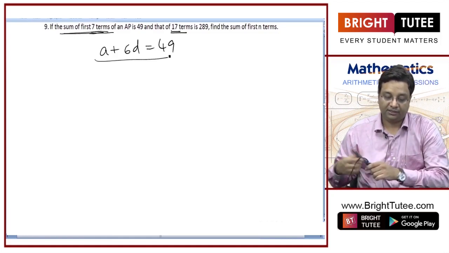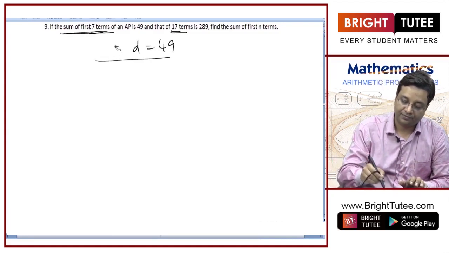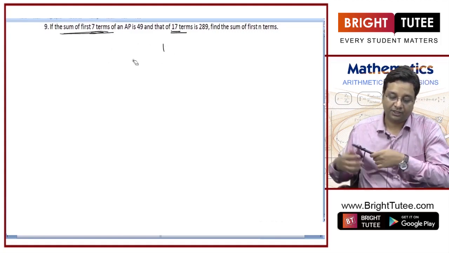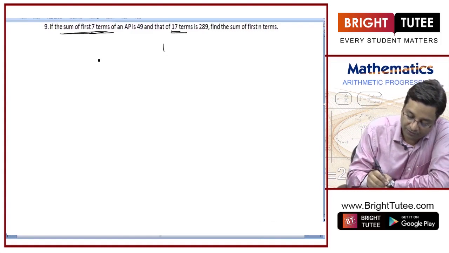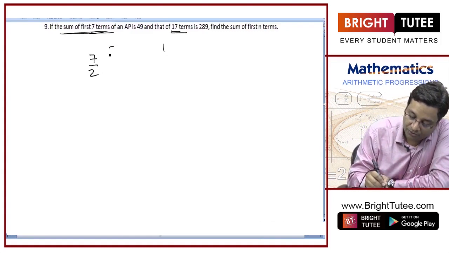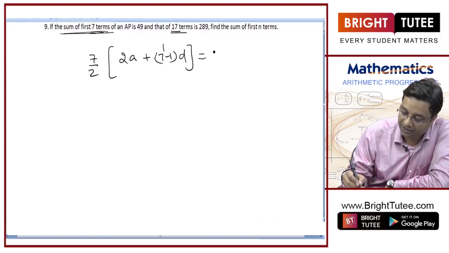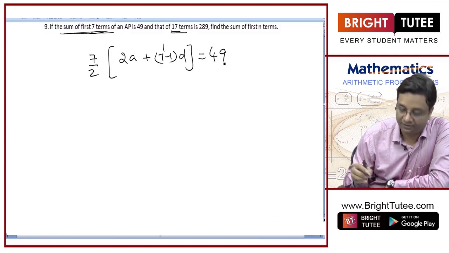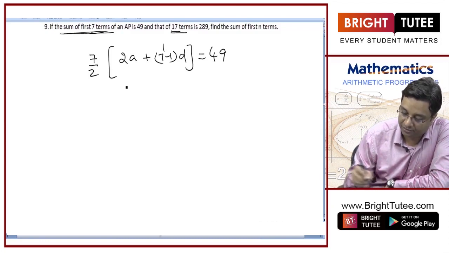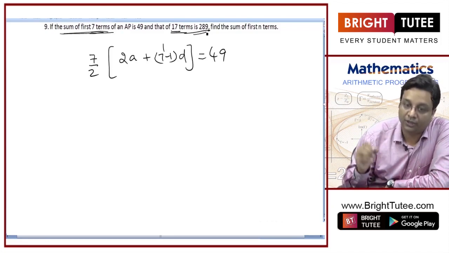So let's take the sum of 7 terms as, so the sum of first 7 terms is equal to 7 by 2, 2A plus 7 minus 1 into D. This is given as 49, right? And the sum of 17 terms is equal to 289.